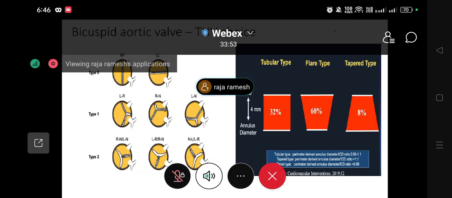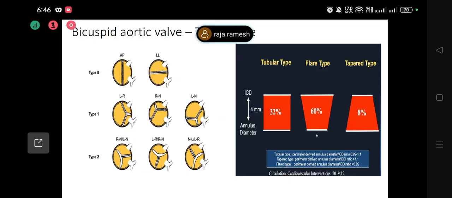But in some bicuspids, it can be a taper type, meaning the annulus is larger, and above the annulus it is smaller when coming towards the sinotubular junction. Then we have to size the valve above the annulus, not to the annulus.